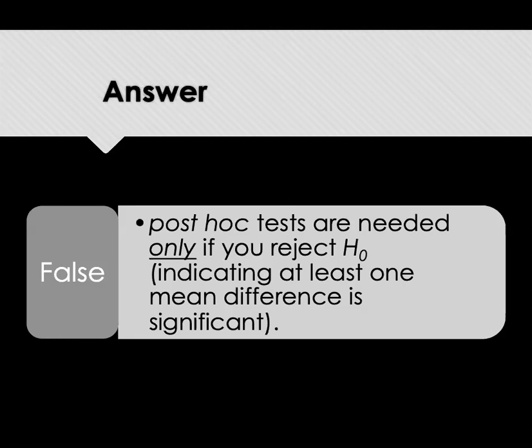And that's when you would need to do post hoc tests to figure out which one or which ones are different from the others. If you have failed to reject the null hypothesis, indicating that there are no means that are different from another, then you don't need to do any further analysis because there's nothing else to figure out. Hopefully that makes sense.